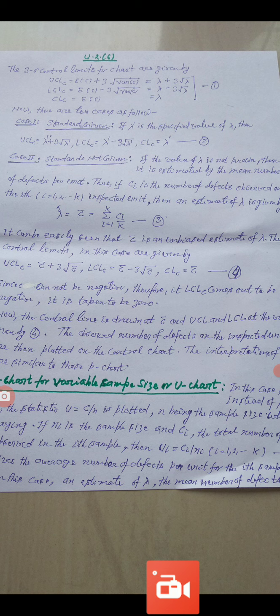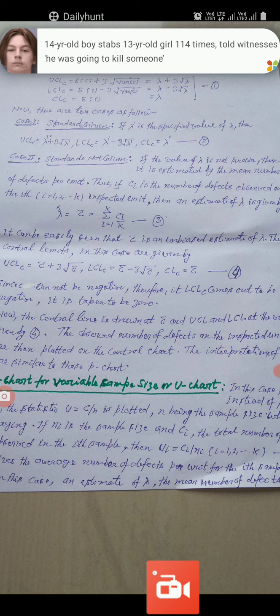Now we will discuss one more point, that is the C chart for variable sample size, or U chart. Here the sample size is not fixed, but changing.